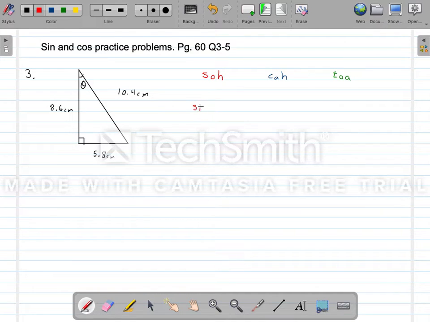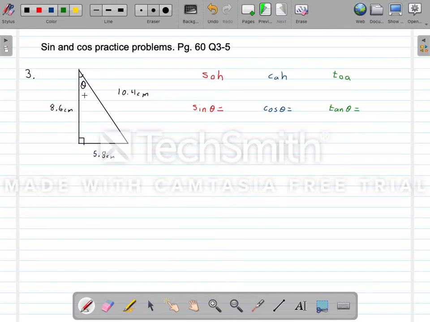So sine theta will equal what? Cos theta will equal what? And tan theta will equal what? Take a second and try to fill these in.